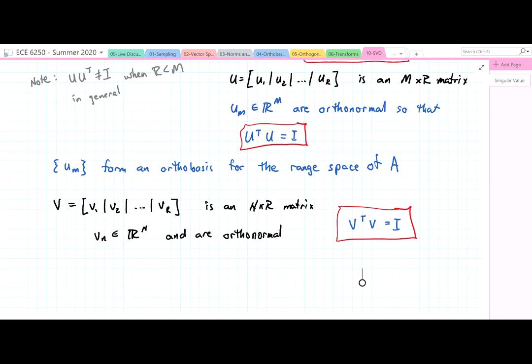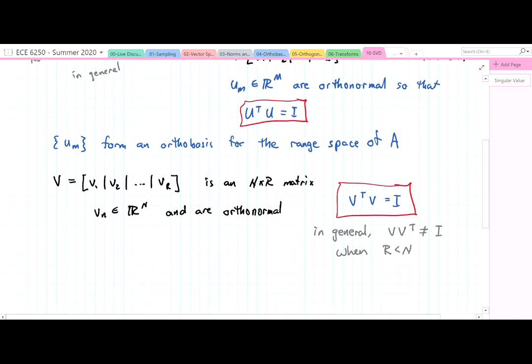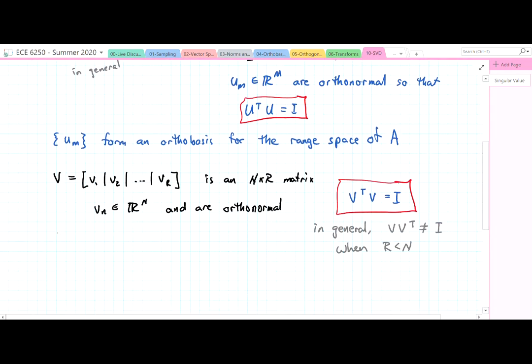And once again, in general, V V transpose is not equal to the identity matrix, particularly when R is less than N. So our v vectors also form, excuse me, an orthobasis for the range space of A transpose.